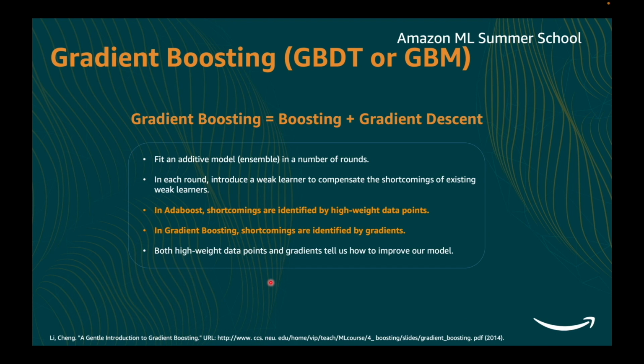So finally, just to sum up on gradient boosting, it's boosting plus gradient descent. It's boosting because you're iteratively trying to reduce the errors of the previous models, and you're creating new and new models as you're doing it. And the real key of boosting is that each model itself does not need to be a very powerful learner.